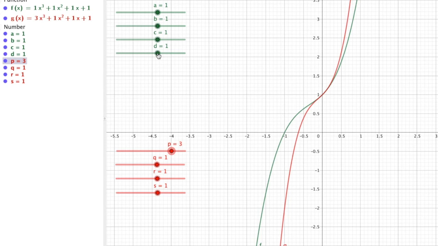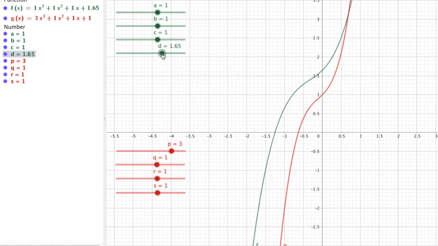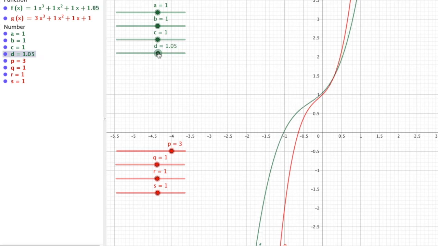Now, if we move this one, that's going to move it up and down, and we can see that if the x value is 0, so on the y-axis, then the polynomial is going to equal this number. So that has to match. So there's no point playing around with that one.